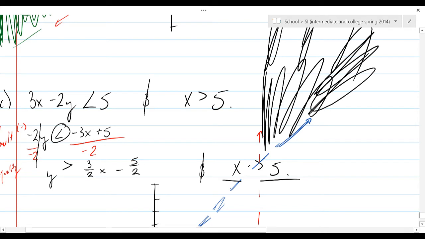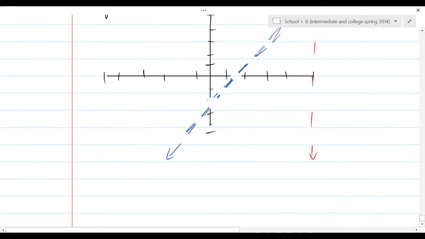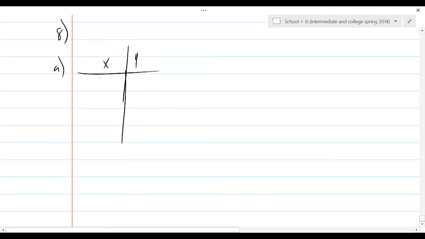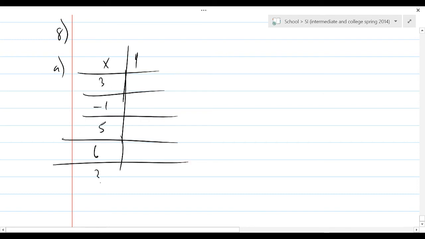Alright, let's go on to number 8. The directions read, decide whether each relation is a function. Give the domain and range. For letter A, we've got a graph that says x, y: 3, -1, 5, 6, 3 and 16, 11, 5, 3, -2.